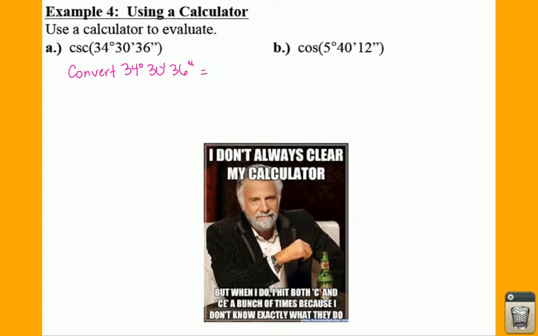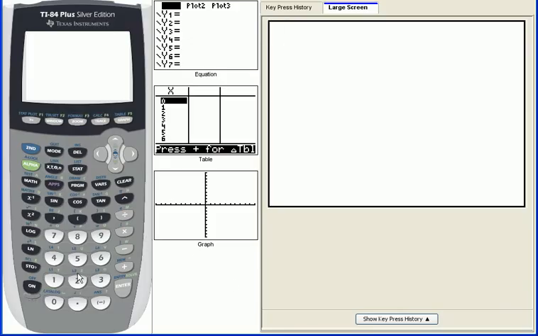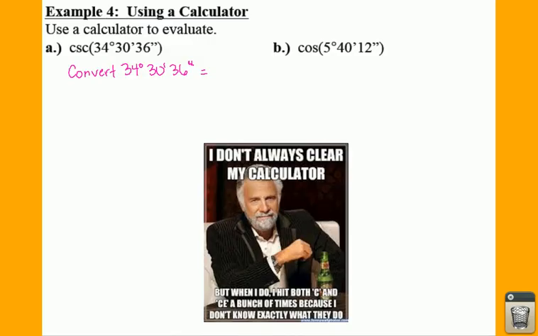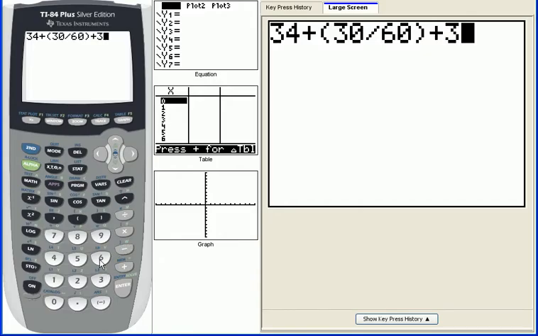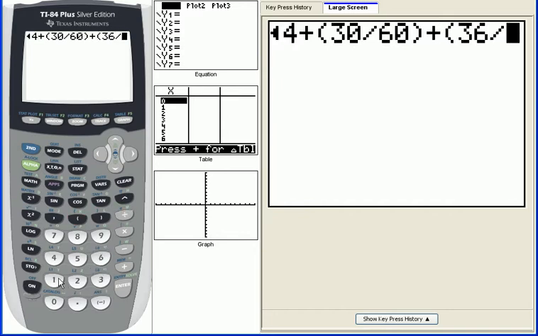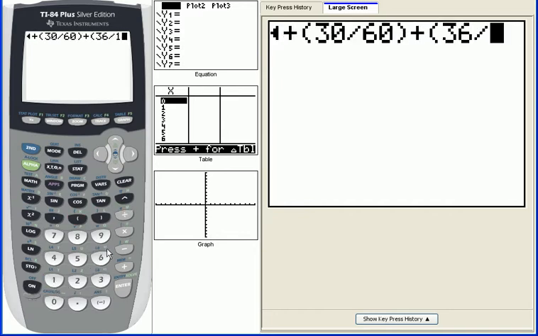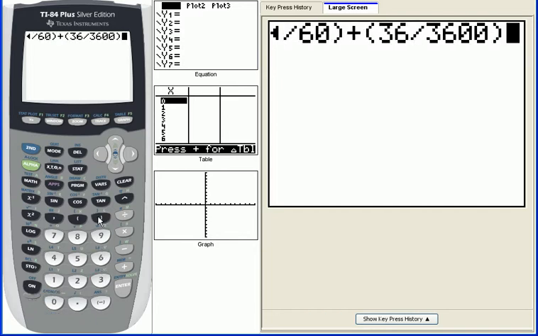So we're going to say 34 plus, and then it's 30 minutes, so you have to take 30 divided by 60, and then plus your 36, parentheses, don't forget your parentheses, 36 divided by 3600, because you have 3600 seconds in 1 hour.